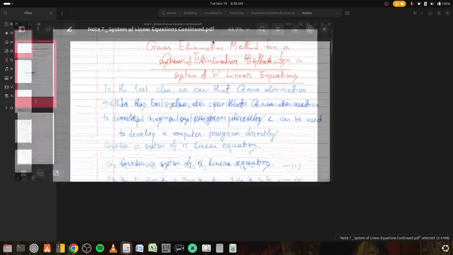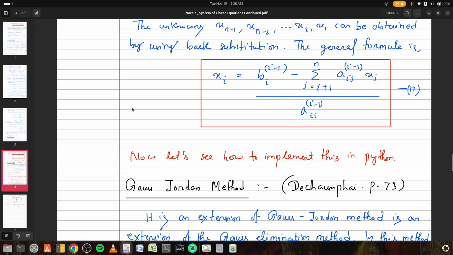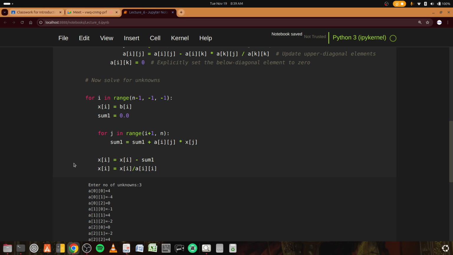In the back substitution, just implement this equation. Start with xi equals bi, then calculate this term. You have all the aij coefficients. Just write it in this form in Python, and here we have done that.